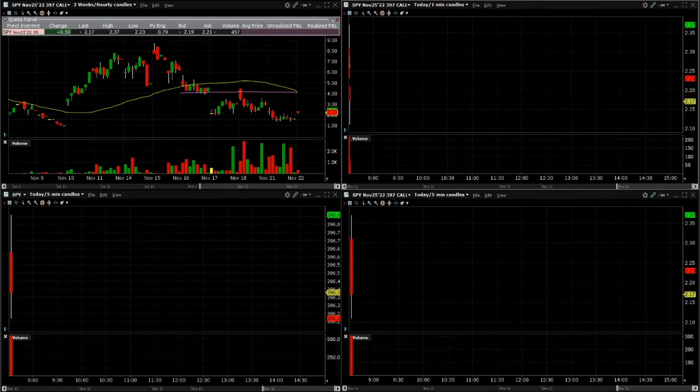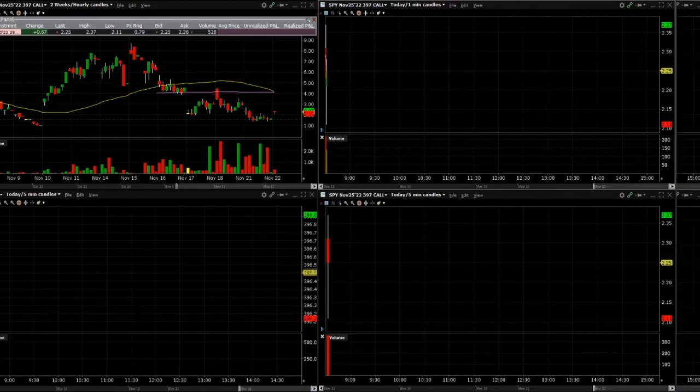If the opening price of that candle is higher than the closing price of the previous candle, that's probably where I'm going to make my entry. I'm going to buy it on an uptick and hopefully ride it for a little while.